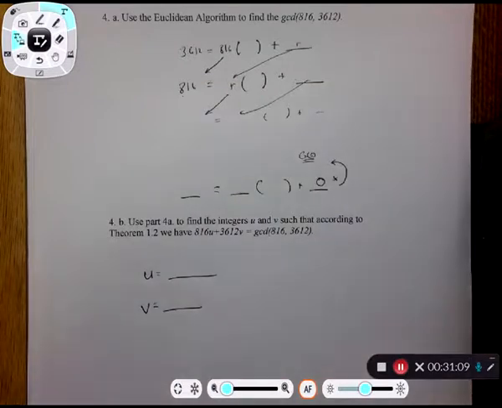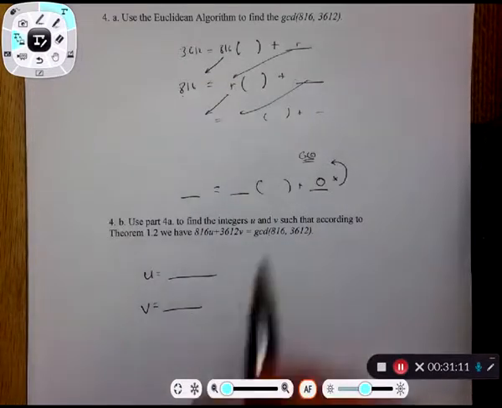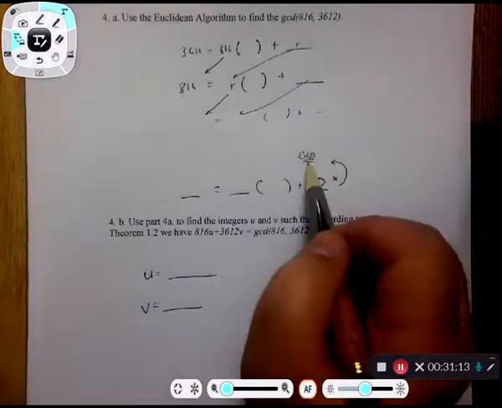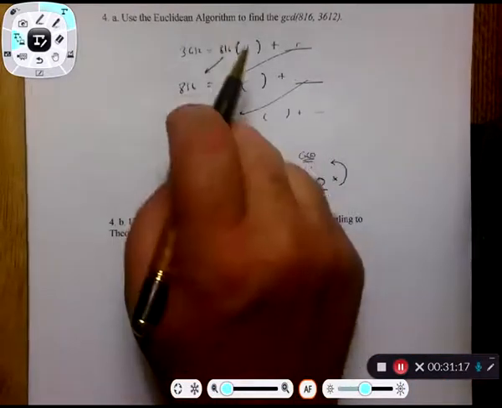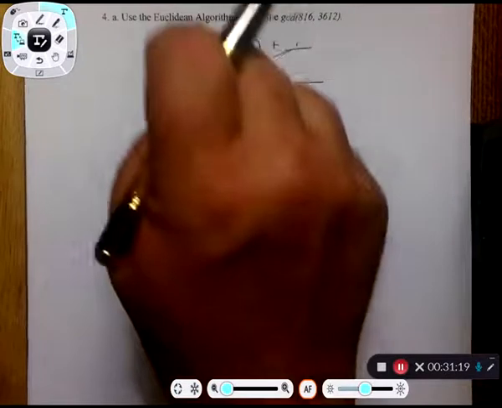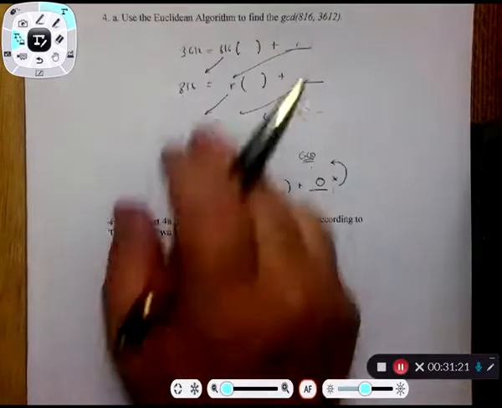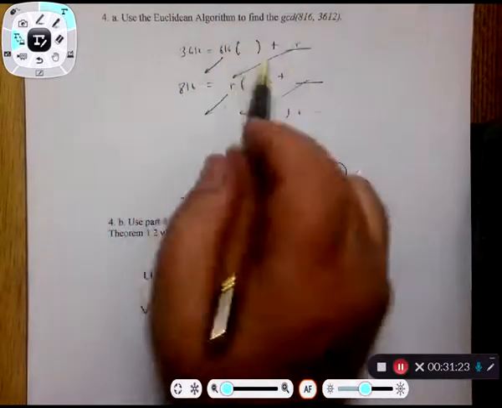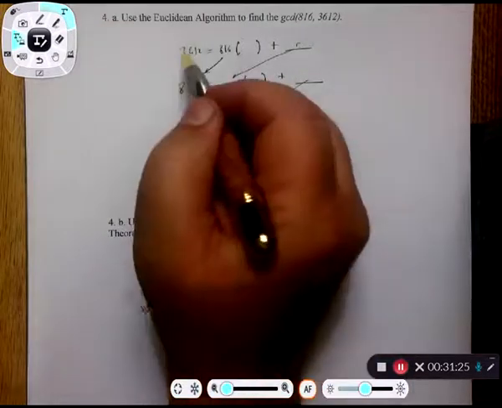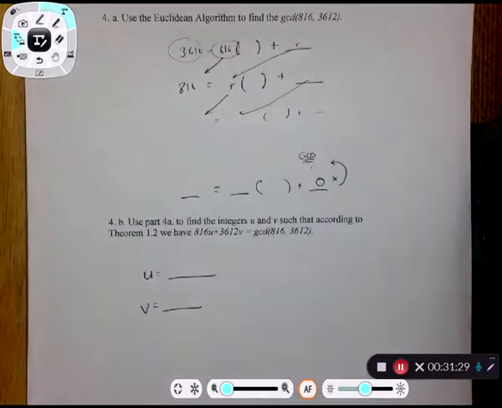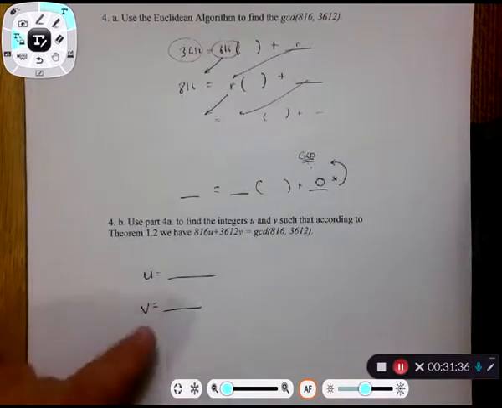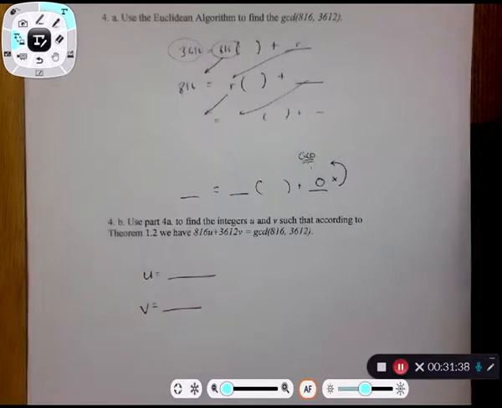But remember what we talked about is you take this equation, solve for the GCD by moving this stuff to the side, and then you substitute in this equation, then you substitute in this equation, and then you eventually substitute in this equation as you group together like terms, and the really only 2 terms you want to focus on are the 3,612 and the 816. And once you get that equation, you put all your little terms together, you can figure out who the U and the V are going to be that make that equation.